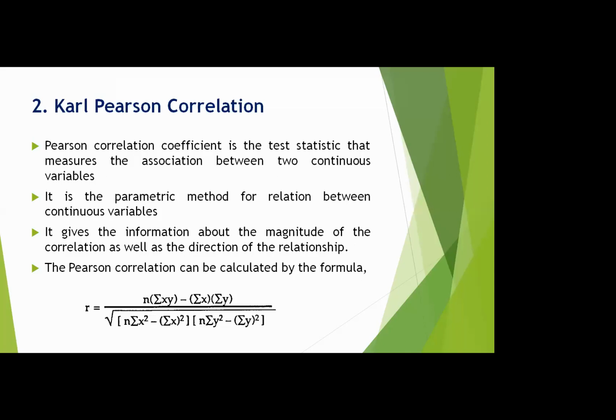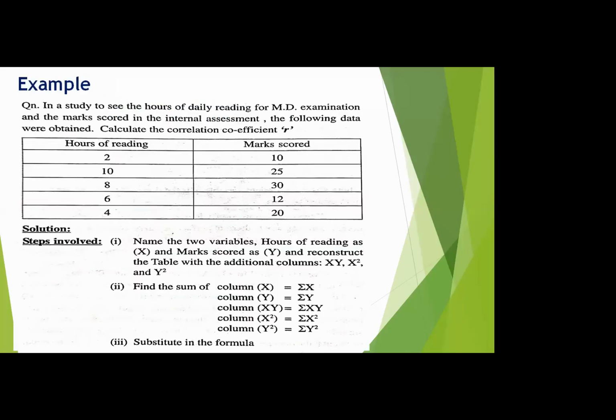I am explaining this with an example of a situation where we use Karl Pearson correlation. This is data on hours of reading and marks scored in the MD examination for 5 students.